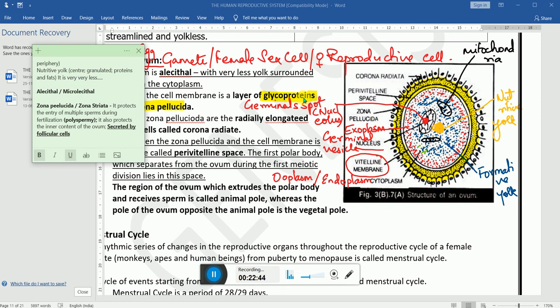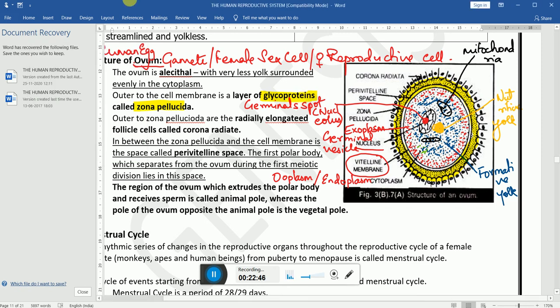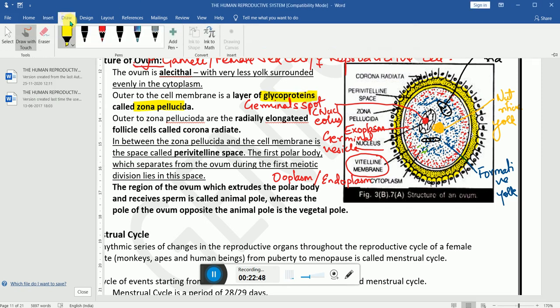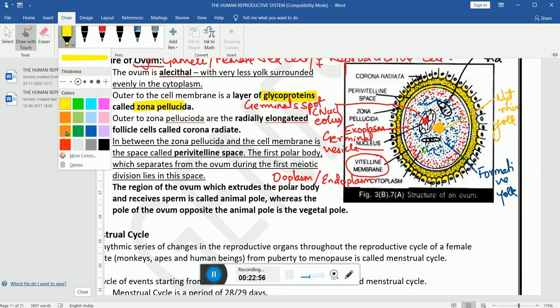Now students, inside the zona pellucida, between the zona pellucida and the vitelline membrane, there is a space present. Let me take this green color.